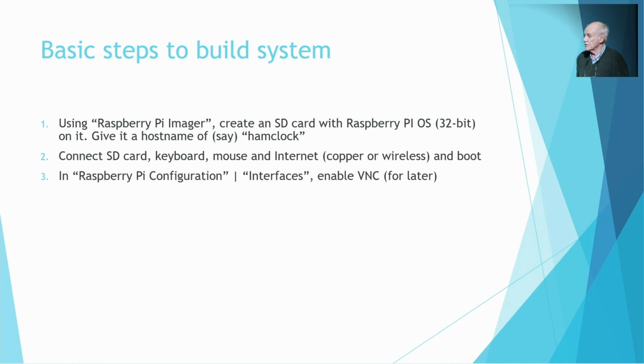I would suggest you enable VNC. That's a thing which allows you to control your Raspberry Pi remotely from another PC, rather than kneeling on the ground under the desk with a monitor and a keyboard, as I used to do. You can remote control your Pi completely from another place.